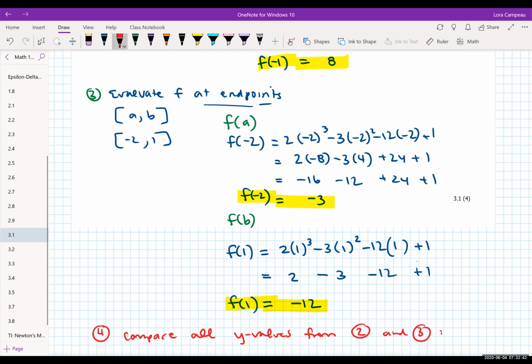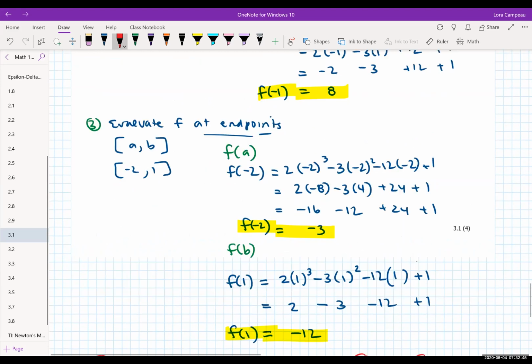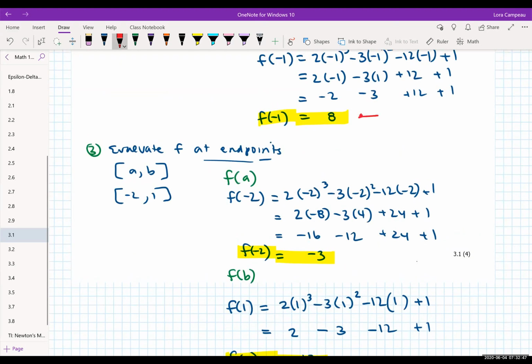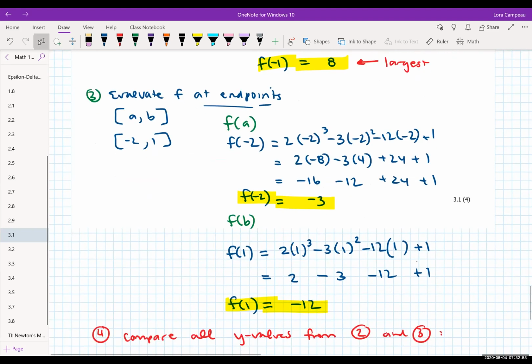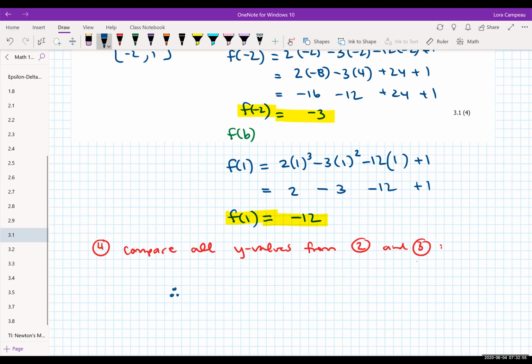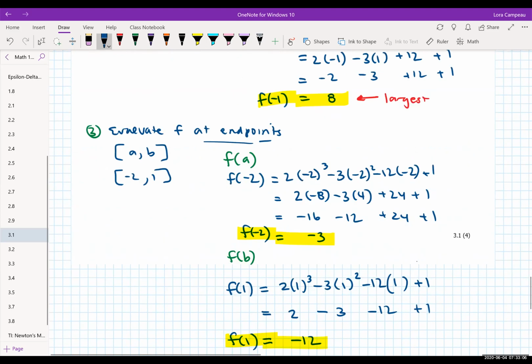Right away, who's our largest? 8, negative 3, 12, oh, the positive one. So hey, note to self, we got the largest one. So right away, I can go back and say, okay, therefore, my absolute max is located where f of negative 1 equals 8.